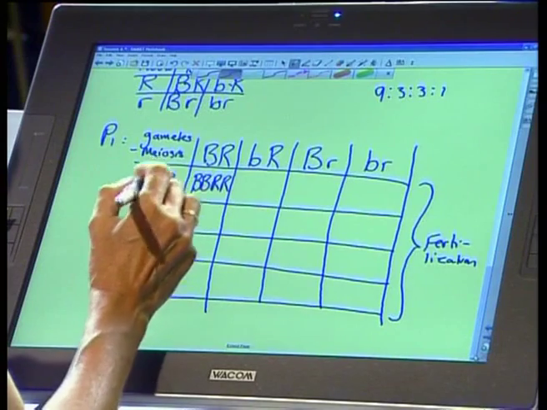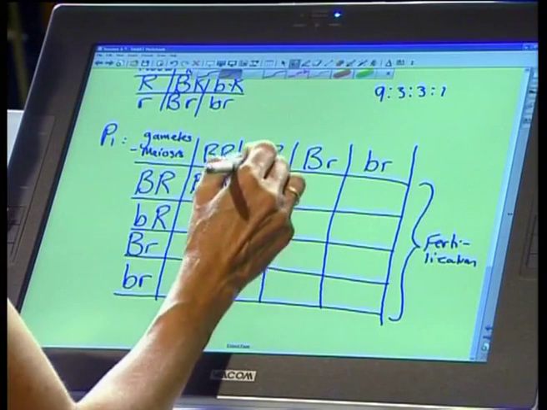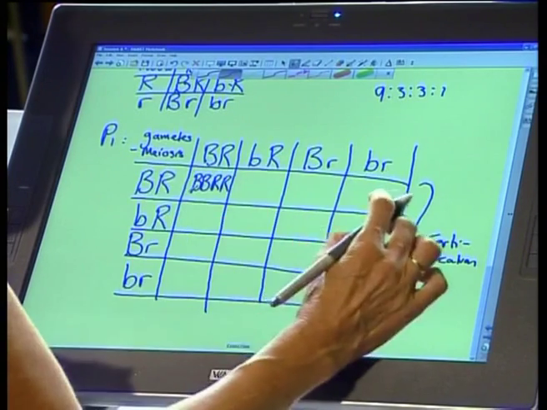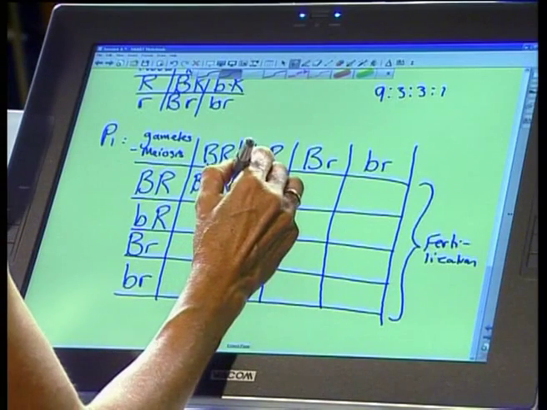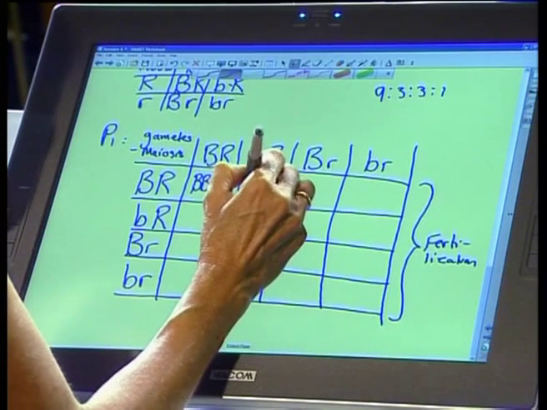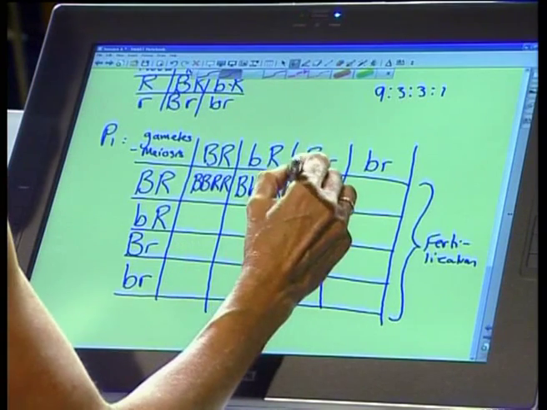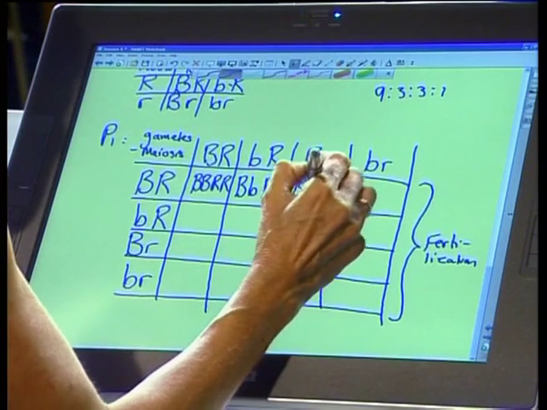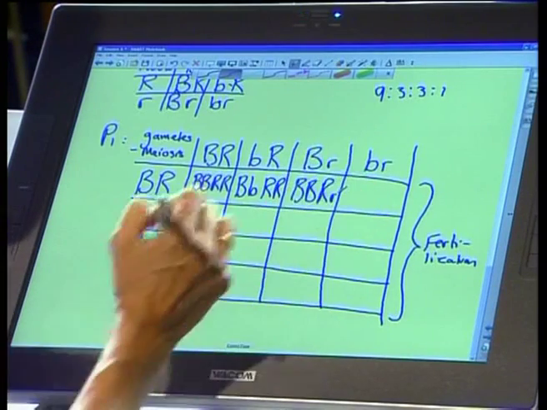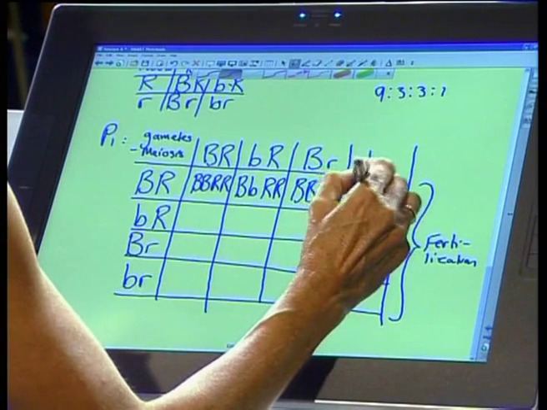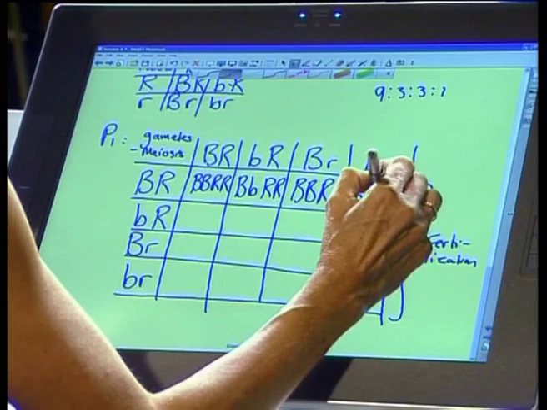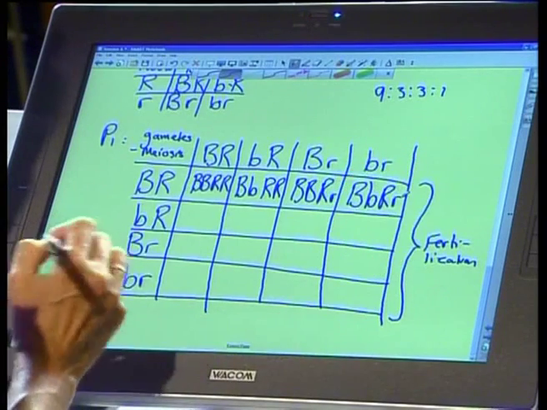Then our next combination, we go along this way, and when we finish that row, we move on to the next row. So here we're going to have a capital B, a little b, and 2 capital R's. And here, capital B, and a capital R and a little r. And a capital B, small b, capital R, little r.